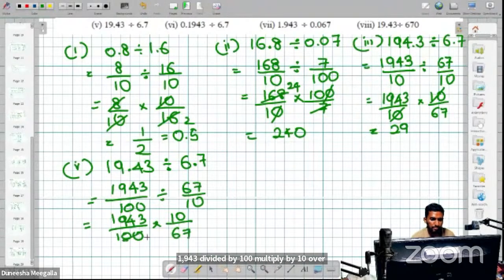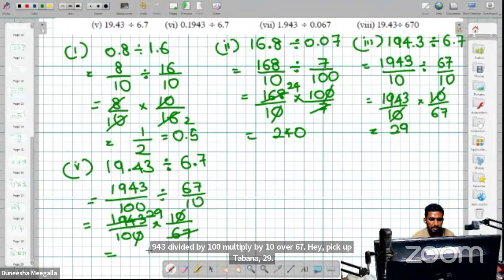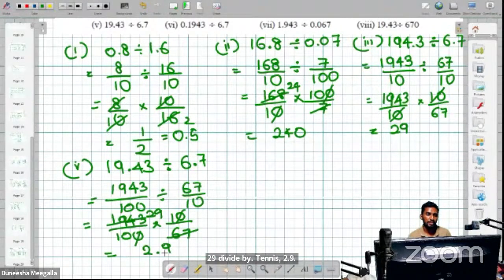Here something cancels. 29 divided by 10 is 2.9. Okay, the answer is 2.9.